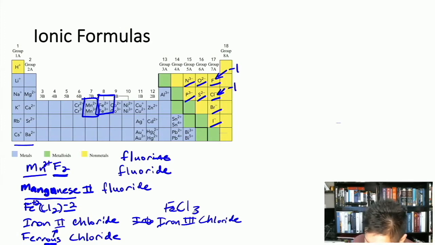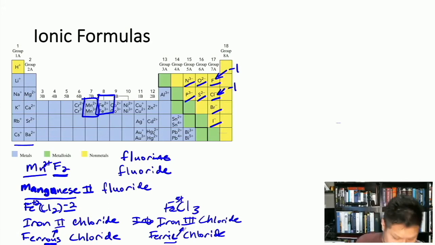FeCl3, because that makes it a +3 charge to balance out 3 negatively charged chlorides, right? This is actually called ferric chloride. So ic in this case means 3, right? So either one of those is acceptable as answers.